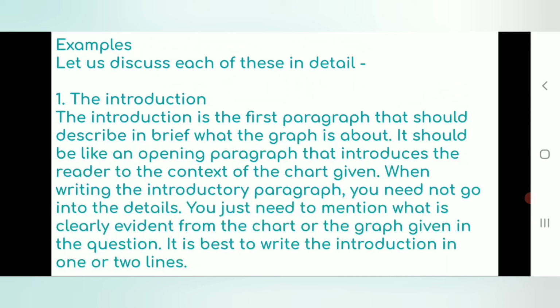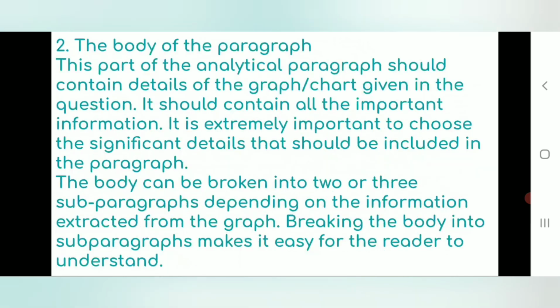And when writing the introductory paragraph, you need not go into the details. You just need to mention what is clearly evident from the chart or the graph given in the question. And it is best to write the introduction in 1 or 2 lines, children.